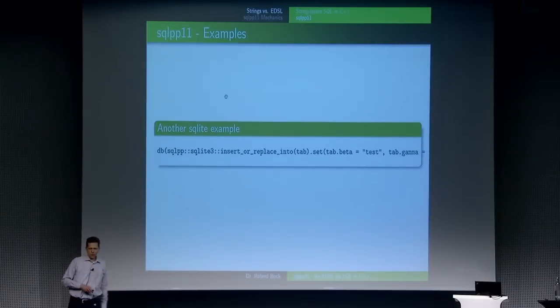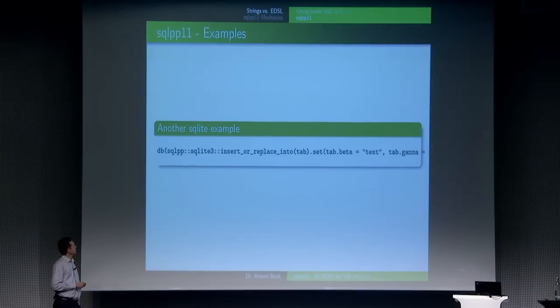Also, features in SQL can be vendor specific, right? So this is another SQLite example. SQLite has this insert or replace into, which is not part of the Sql11 library because that library cannot in any sane way cover all databases.